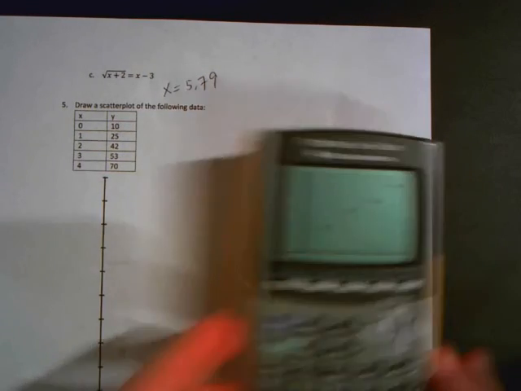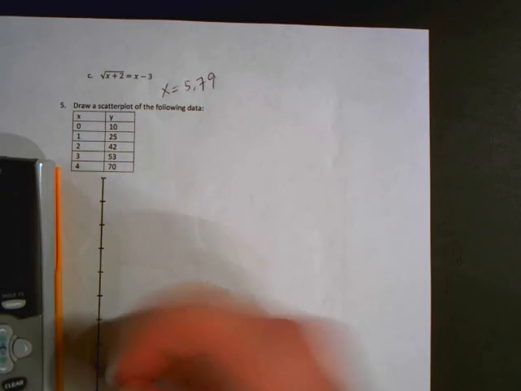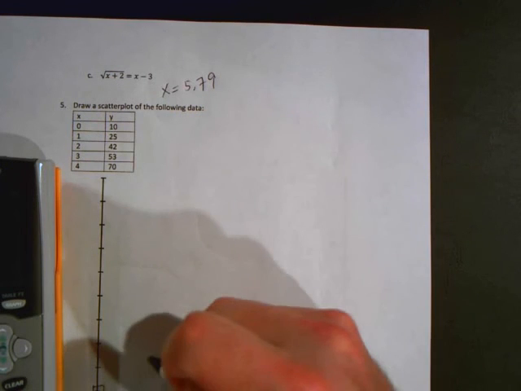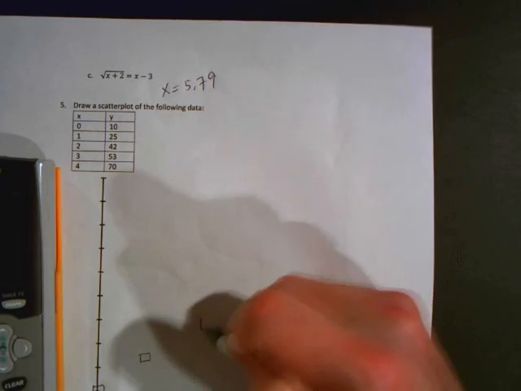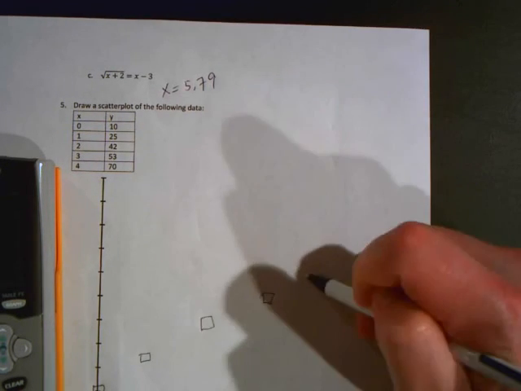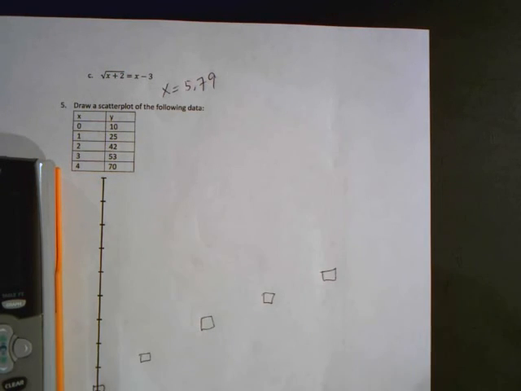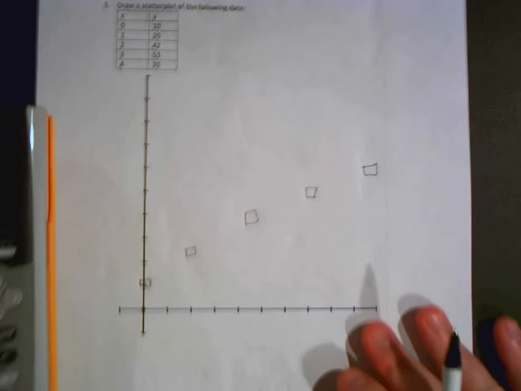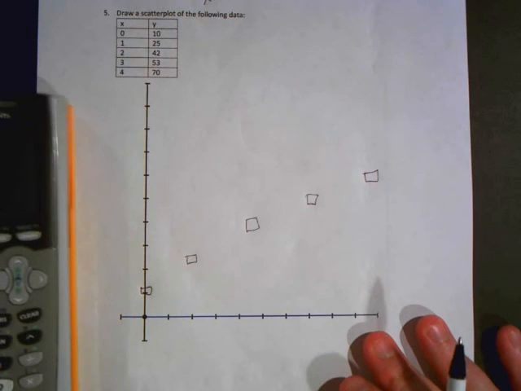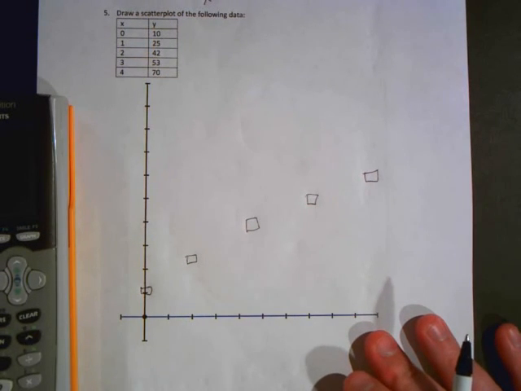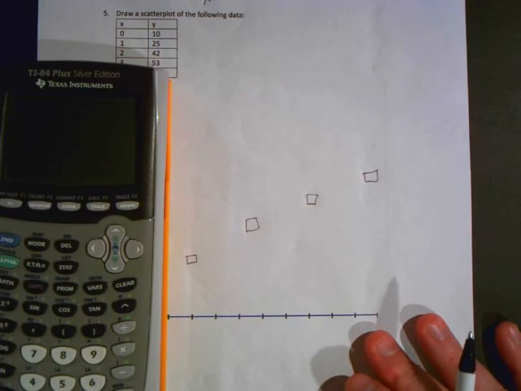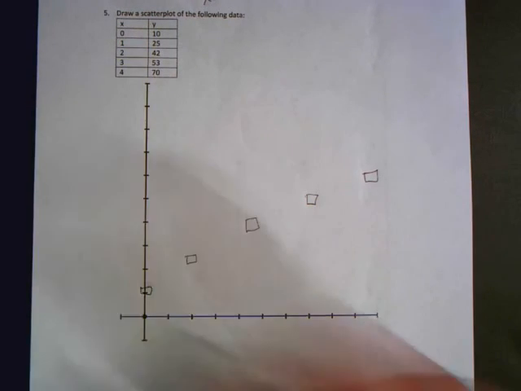So if you were graphing this on your piece of paper, you would make the little boxes here where they are, kind of like so, and maybe make them a little bit more accurate than I am. I'm just trying to do it for speed. But then, once again, you have to make this make sense, and you have to tell somebody what your window is. So this window is going on my calculator.